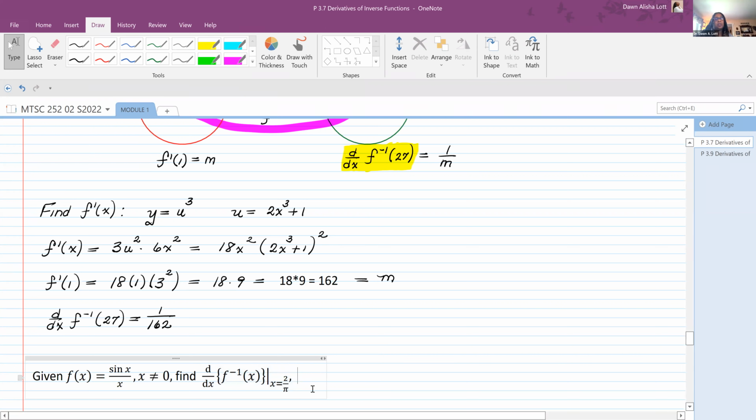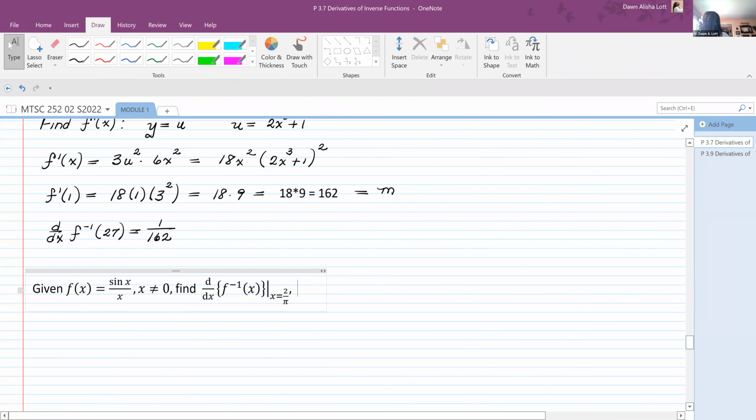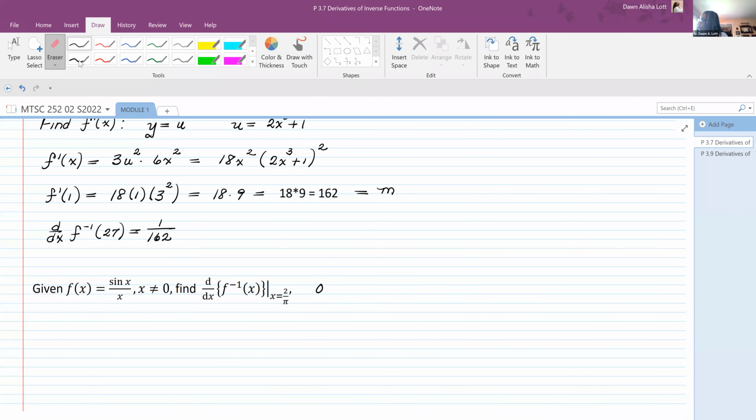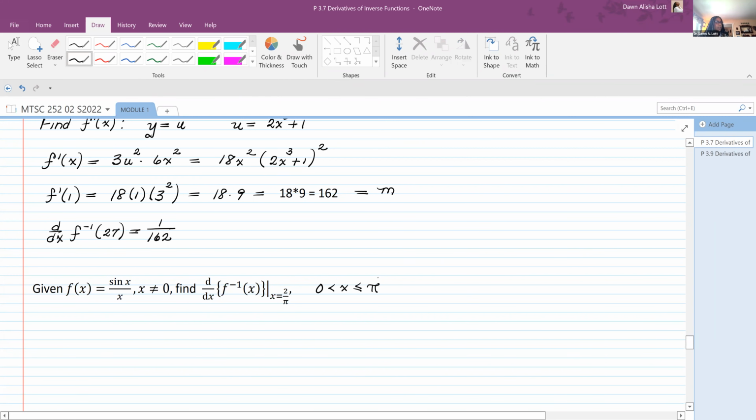Let's say x is between 0 and pi. Oh, it can't be equal to 0. Okay, so x is between 0 and pi.